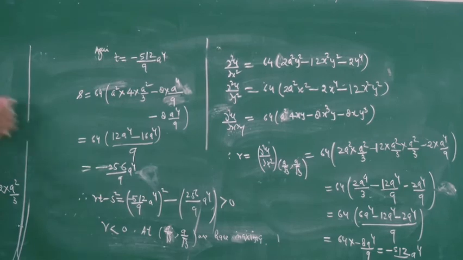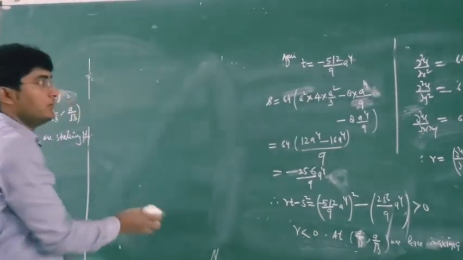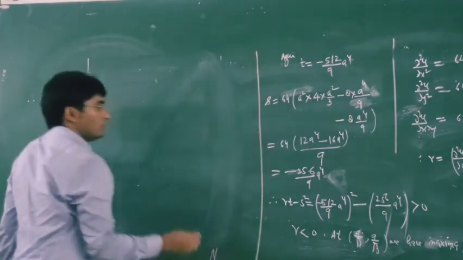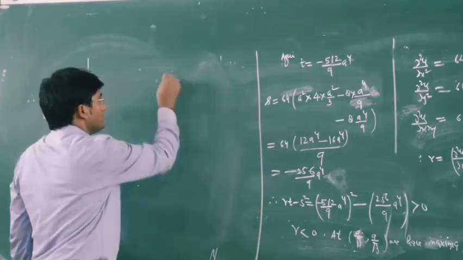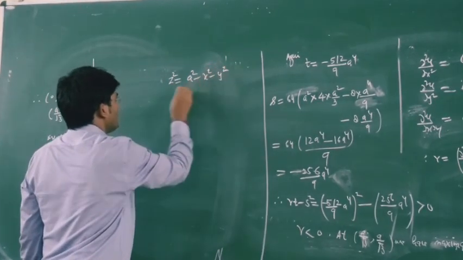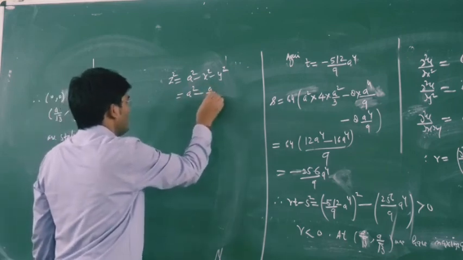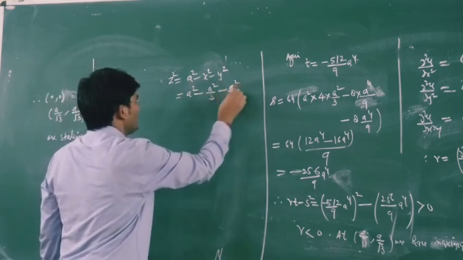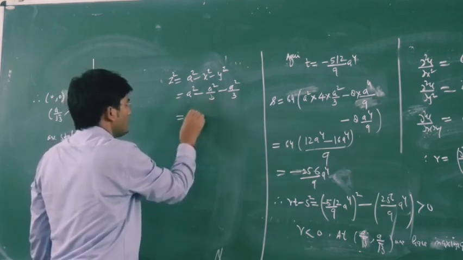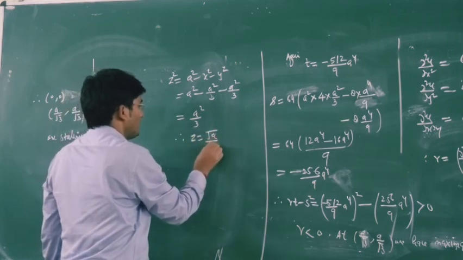And let us find out the third side, z. So z is equal to a² minus x² minus y². So this is equal to a²; your x² is a² upon 3, y² is a² upon 3. So this is equal to 3a² minus 2a², so a² upon 3. So therefore z equals a upon root 3.